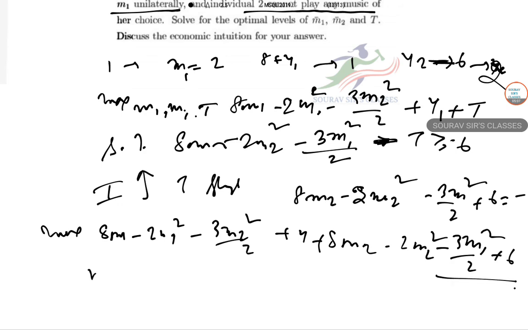Solving this gives M1 equals M2 equals 8 by 7, and T can be computed from the above constraint. So this is the optimal contract, with the efficient music levels.